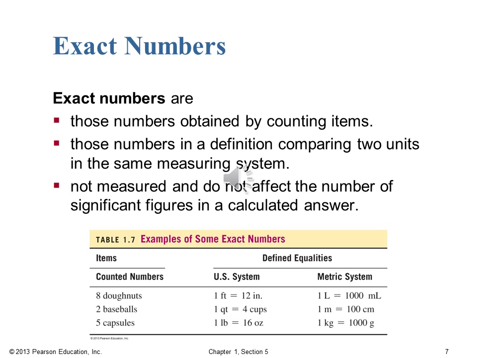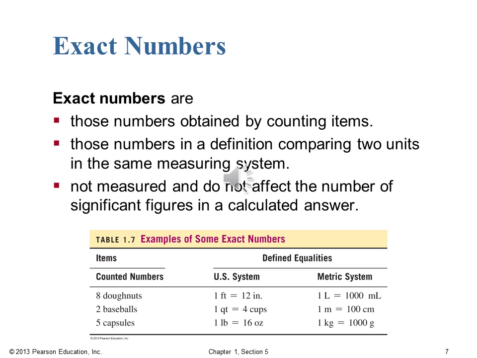Likewise, if we had a definition of a unit, as we see in the table down below, if we had 1 foot equals 12 inches, that would be exact values. If we had counted numbers, the examples they show, 8 donuts or 1 dozen would be exactly 12. We're not talking about 13 donuts or 11 donuts.